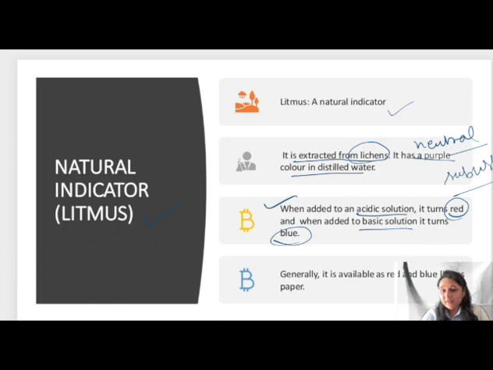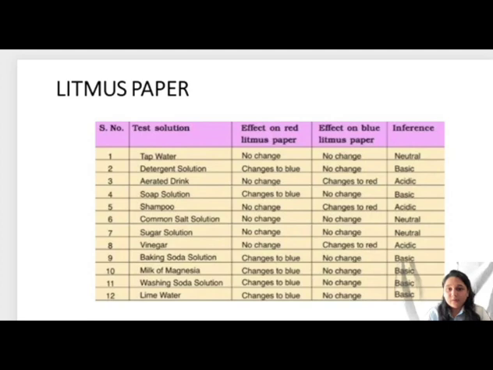Generally it is available as red and blue litmus paper. So we have two litmus papers, one is blue and another one is red. If it turns red, that means the solution is acidic, and if it turns blue, that means the solution is basic. So this is all about the litmus paper here. There are some examples of litmus paper.